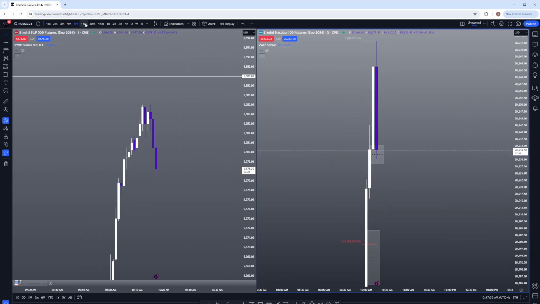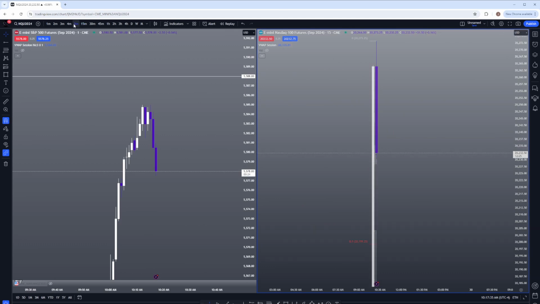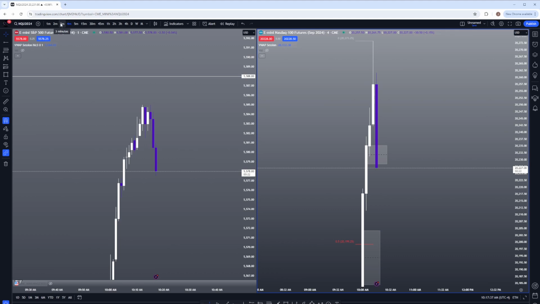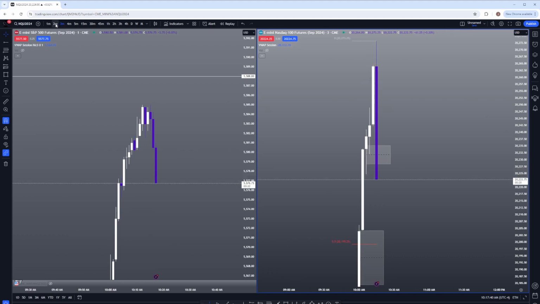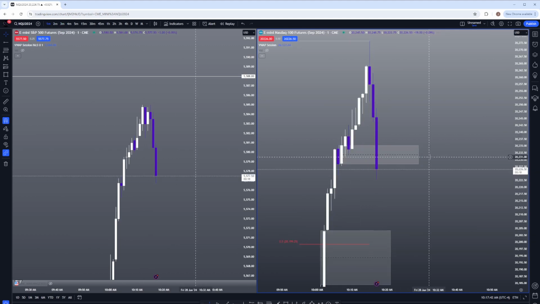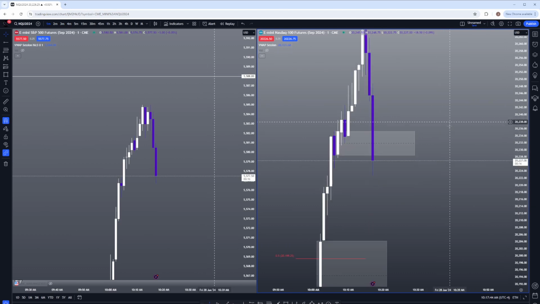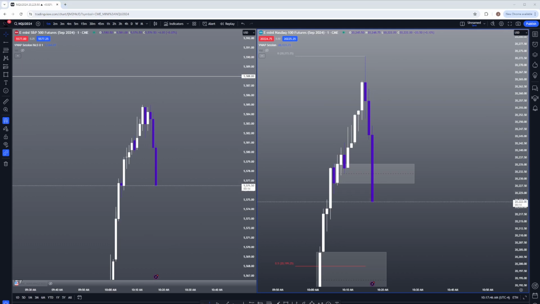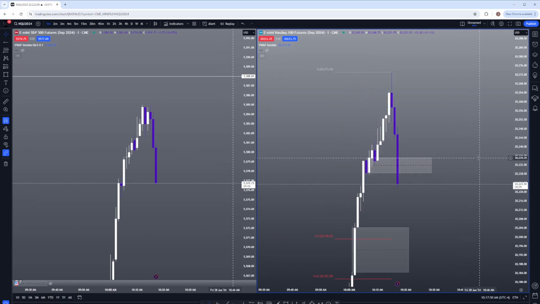Okay, we're in that 5-minute fair value gap now. 4-minute gap, 3-minute gap, 2-minute gap, 1-minute gap. So now we have all these support levels, but we're showing a lot of bearish momentum here.